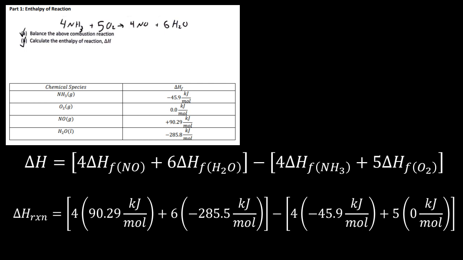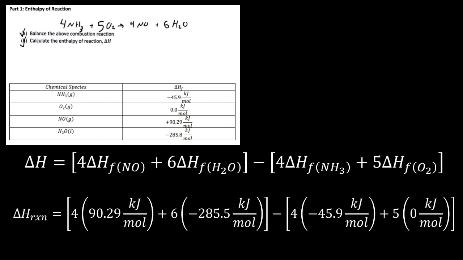So, using our balanced chemical equation, we'll need 4 times the enthalpy of formation of NO plus 6 times the enthalpy of formation of H2O. Put that all in parentheses, and then we'll subtract that by the reactant sum.